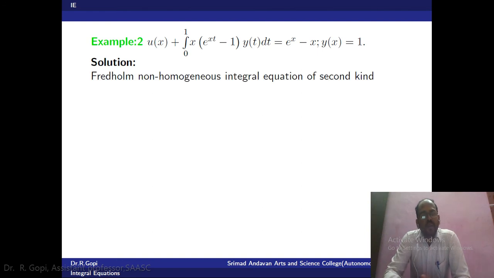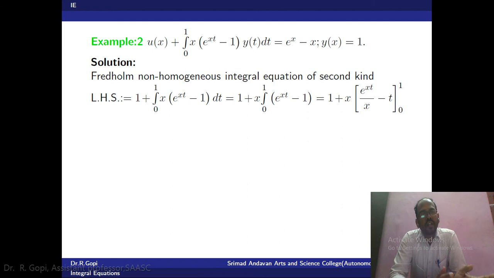The given equation is a Fredholm non-homogeneous integral equation of the second kind, because f of x is nothing but u of x, so non-homogeneous, and alpha of x equal to 1, so second kind. The limits are from 0 to 1, so a and b are constants. So the given equation is a Fredholm integral equation.